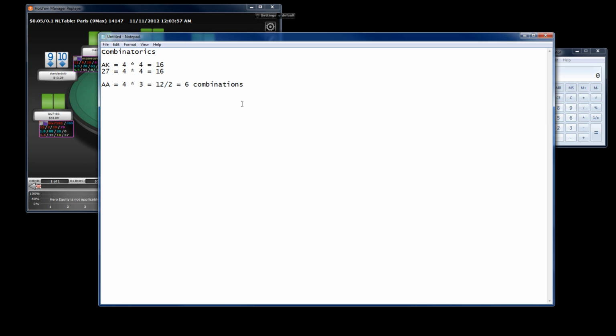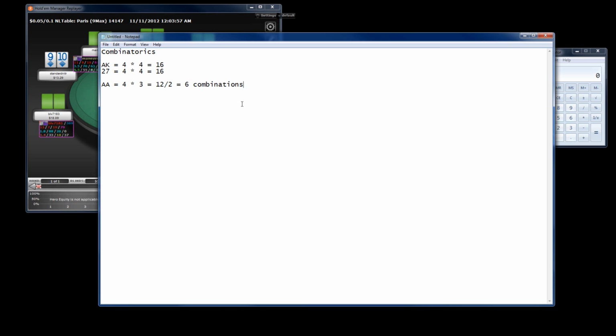Whenever you're talking about a pocket pair, you always have to divide by 2, and that's just something you have to remember. If you want to know why, statistically, it's because you want to make sure you don't double count a hand.